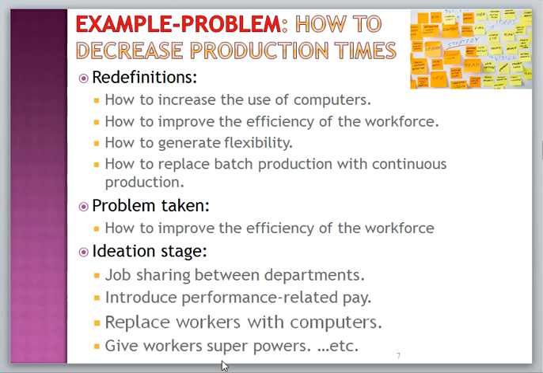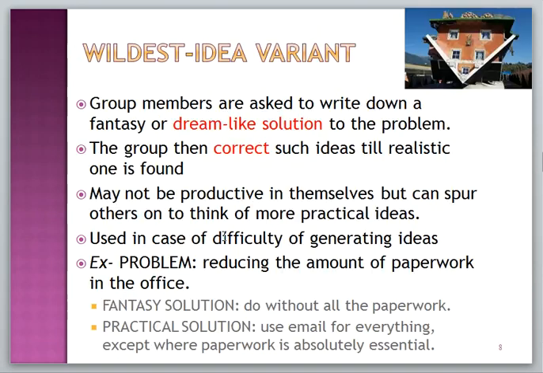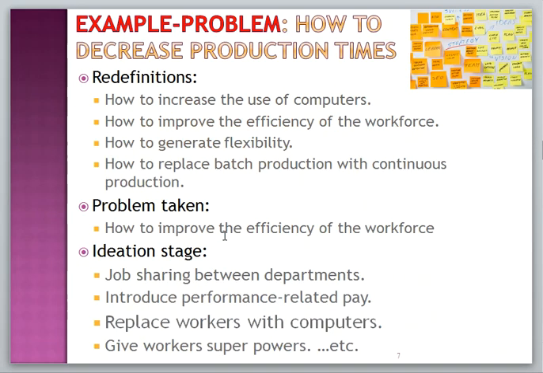Give workers superpowers, which is to give them more power and decision making abilities. Now that we have 4 ideas, we can select one of them in the end, evaluating it, and that would be the solution.